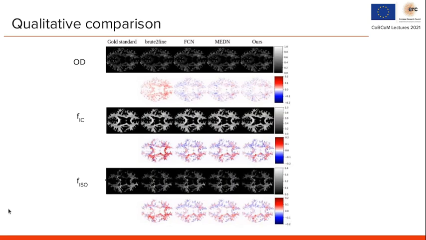In this slide, you can see qualitative comparison of NODDI parameter estimation and differences with respect to gold standard, where red color indicates underestimation and the blue color overestimation. Whereas the differences between brute-to-fine and deep learning approaches are noticeable, some differences between deep learning approaches can be seen in OD estimation, where fully connected network and MEDN tend to overestimate orientation dispersion indices compared to Fourier spherical CNN.